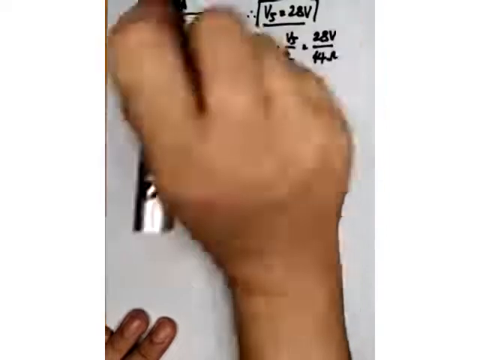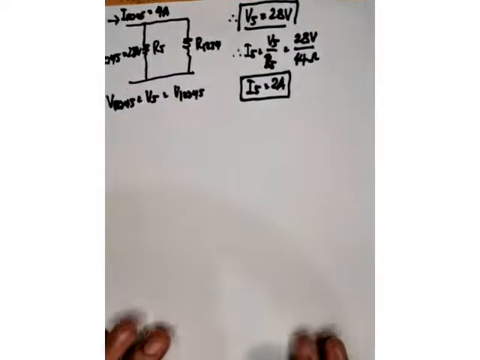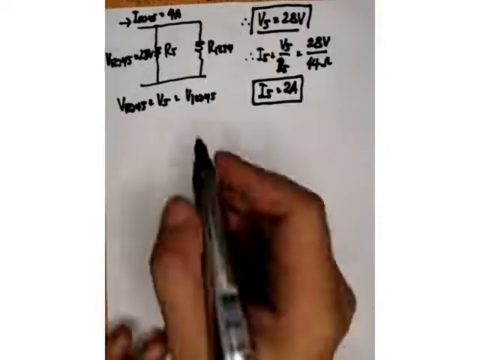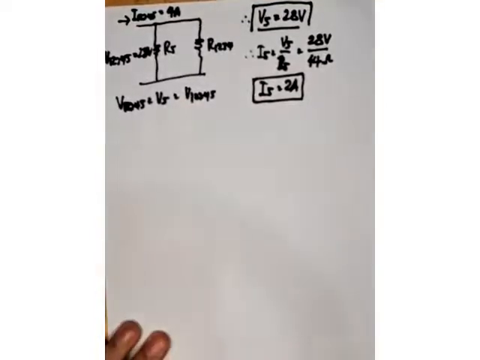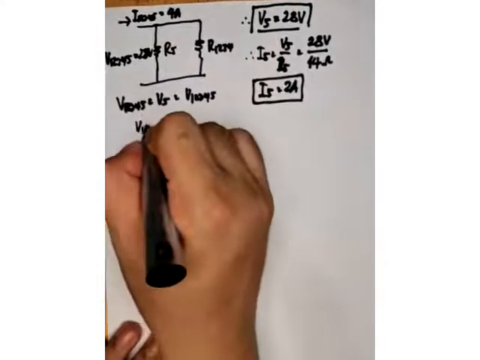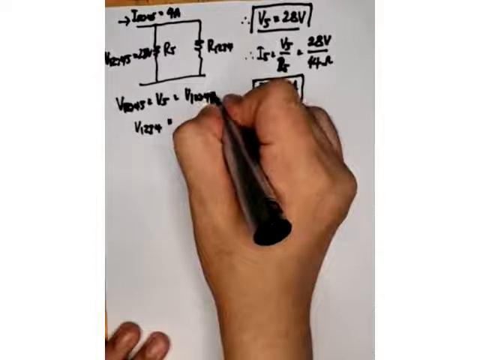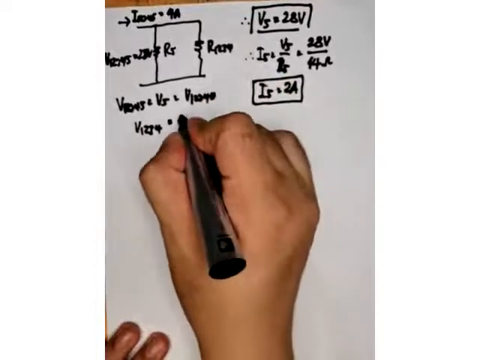Kuha natin sila, 2 amperes. Okay. Next. So dito tayo sa V1,2,3,4. Ang V1,2,3,4 natin ay 28 volts din.